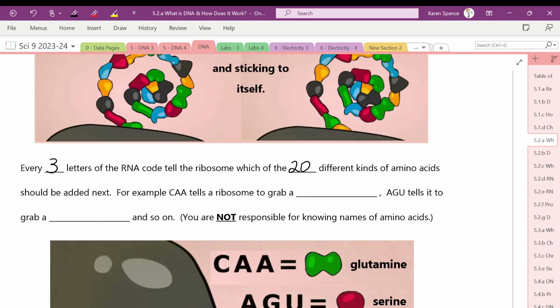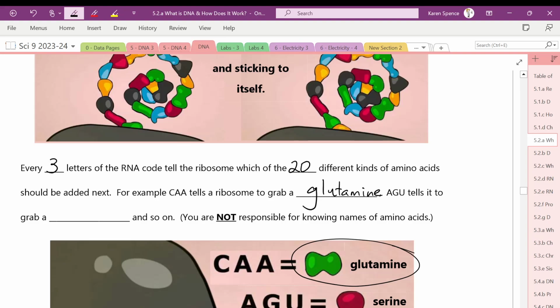There's a chart where you can look up and it will say CAA and it will say glutamine. Okay, and it'll say AGU, and beside that it'll say serine. So you can look up which 3 letters code for which amino acid. So CAA tells the ribosome to grab a glutamine. And these amino acids are just floating around, okay?